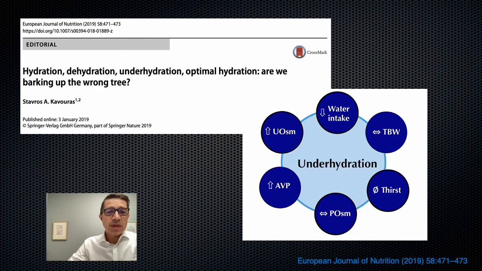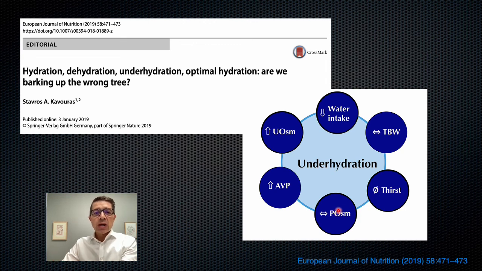So I came up with this paradigm, this idea of underhydration, and I wrote this article trying to describe what underhydration is. I propose this state or condition where you have inadequate water intake, so a small amount of water intake. Total body water is not affected, so your body is able to maintain total body water.